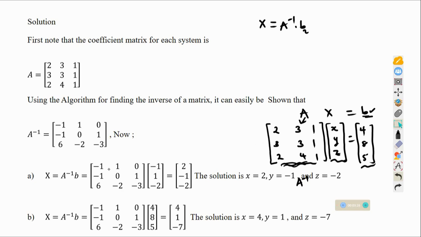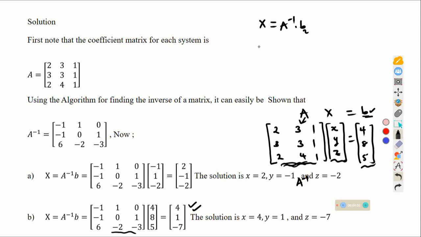The inverse for A in part A is the same as the inverse that we shall use in part B, because we are considering the same A. So that's why we are having this inverse here, and this inverse we shall multiply by B. Our B is 4, 8, and 5. Then use matrix multiplication and see if you are able to get this matrix for 4, 1 and -7. So multiply row by column and get this matrix.